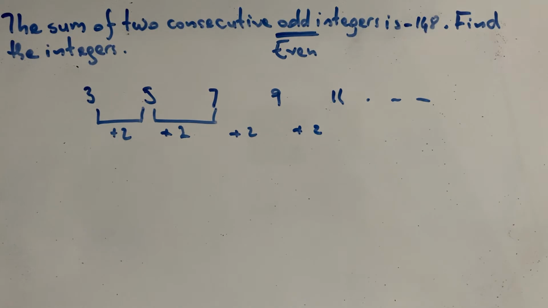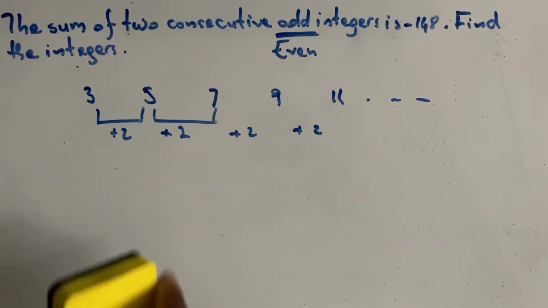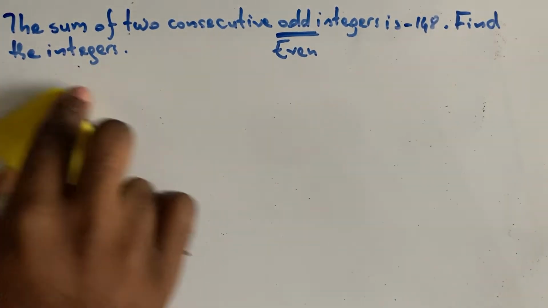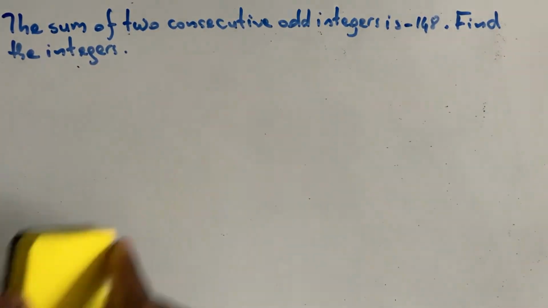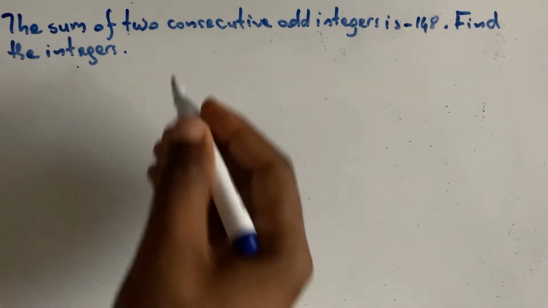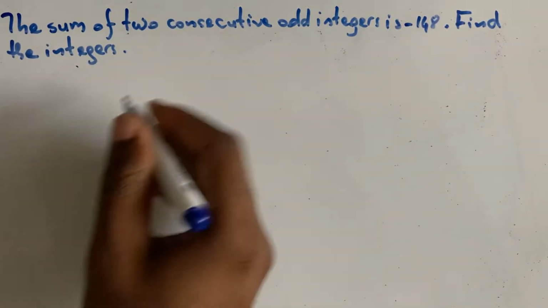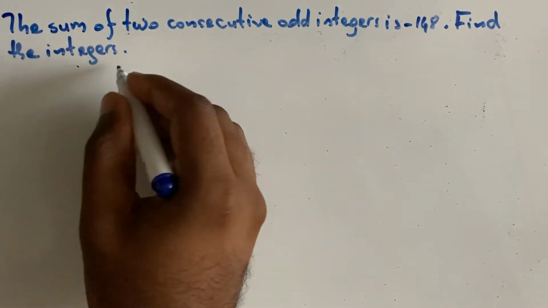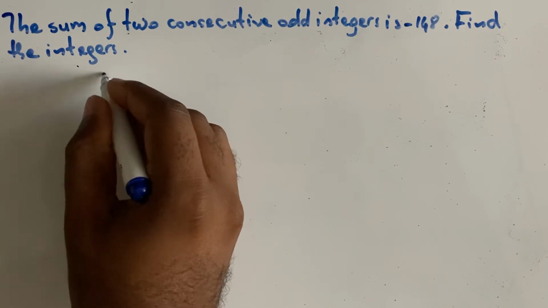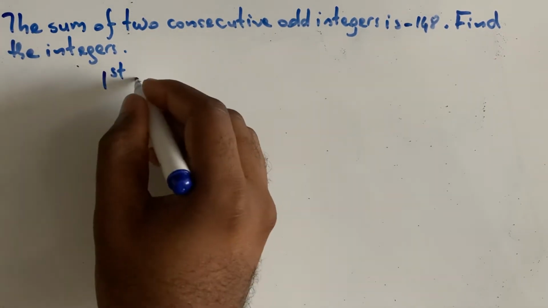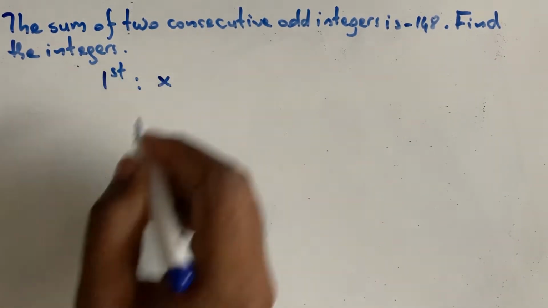So to get the next odd integer, you have to keep adding 2 and 2 and 2. So what does that tell you? If you need 2 consecutive odd integers and you don't know the first one, obviously we're gonna call it x. So let the first integer be x.